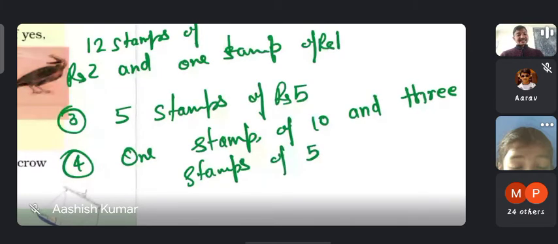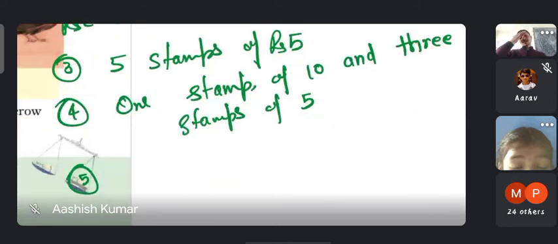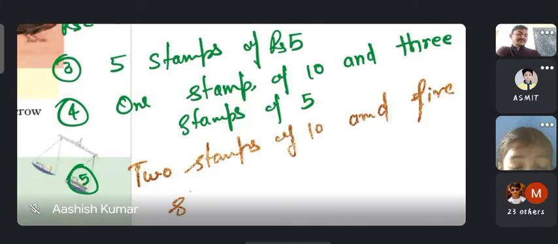The fifth one, many ways are there. You can use 2 stamps of 10 and 5 stamps of rupees.